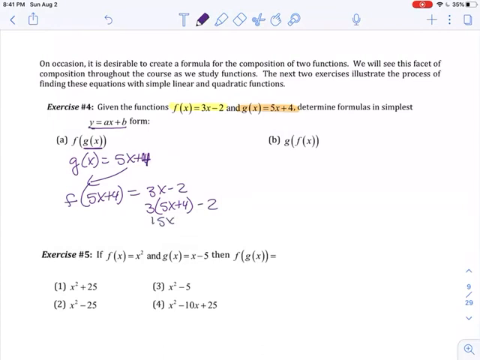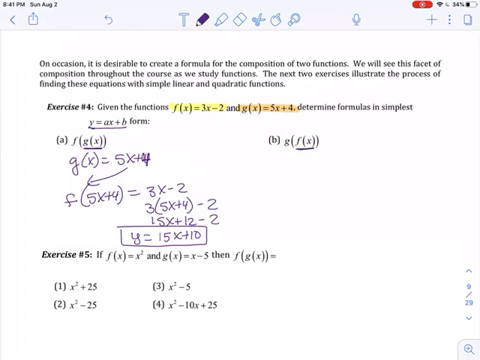And I have to use my distributive property. 3 times 5x is 15x. 3 times 4 is 12. And this is just going to be y equals 15x plus 10. And I did it. So I took the g rule and I plugged it into the f, and I got my formula, y equals 15x plus 10.